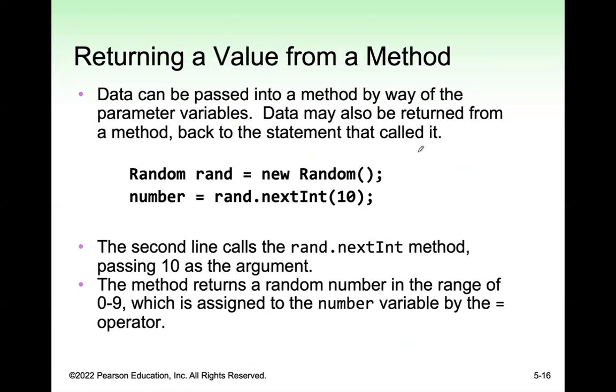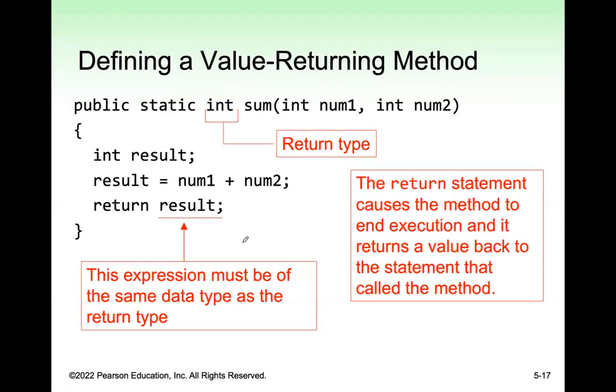Now, how to return a value from a method. Again, that's pretty easy. There's nothing too difficult in here. The only thing that you need to change from your void methods, the idea is the same. You need to have your header, you need to have your body, but you have to specify the return type right here. This is where void was before.